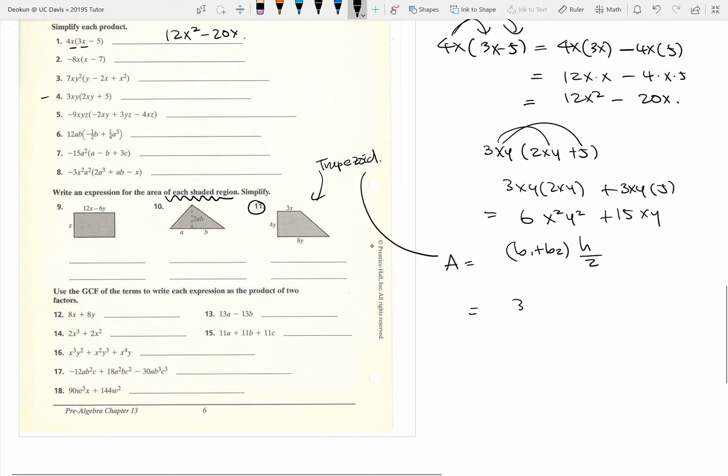Base 1 is 3x, and base 2 is 8y, and you multiply this by the height, which is 4y, and divide by 2. Let's simplify this first to make 2y. So it's 3x plus 8y being multiplied by 2y. You can distribute 2y into here and there. That gives you 6xy plus, not 20, 16y squared as the answer.